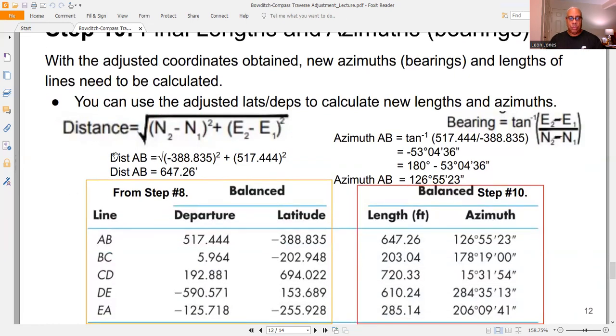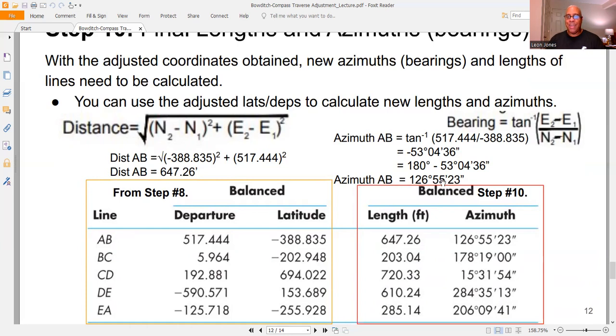Now, what you do, you take your latitudes and departures for each point, you square them and take the square root, and that adjusts your length. Now, when you take your azimuths, you take the inverse tangent and you take your coordinates, your departure divided by your latitude, and you come up with your azimuth angle.